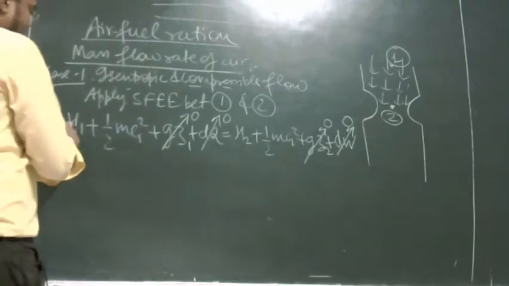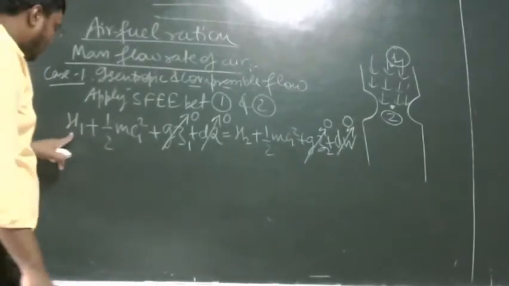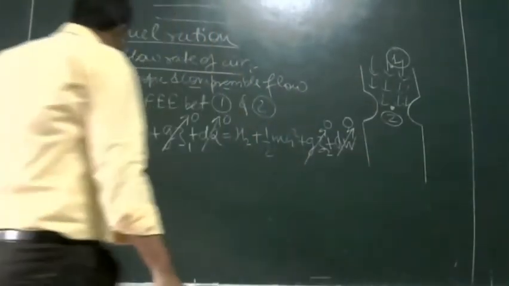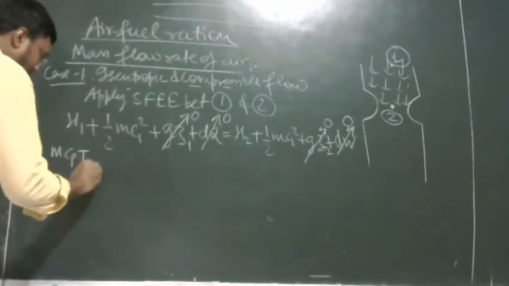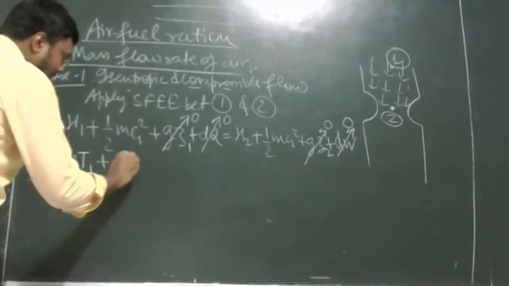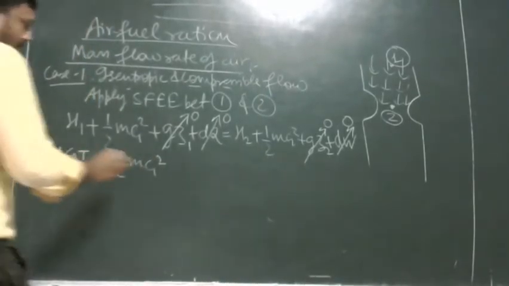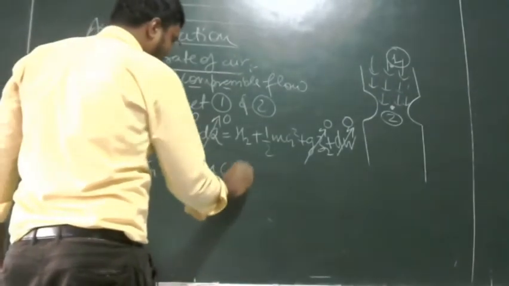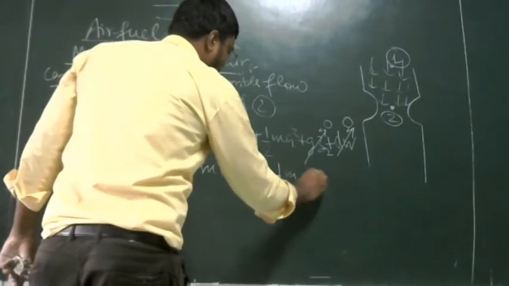Now we can expand this H1. We know the formula of H1. H1 is enthalpy. So H1 should be mCpT1. If temperature at point 1 is T1, then here H1 should be mCpT1 plus half mc1 square, where m is basically mass of air, is equal to H2, which is mCpT2 plus half mc2 square.